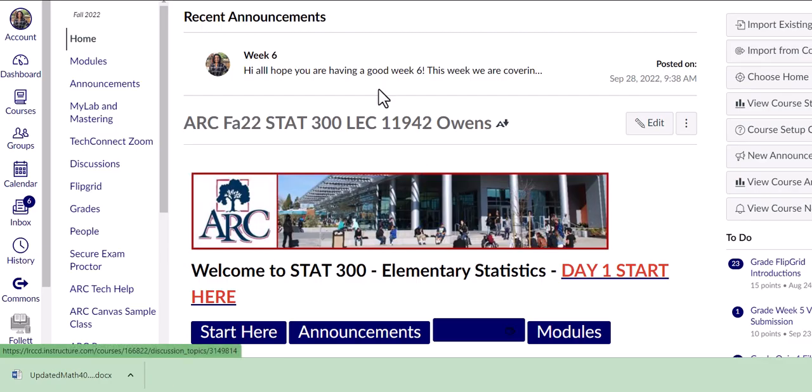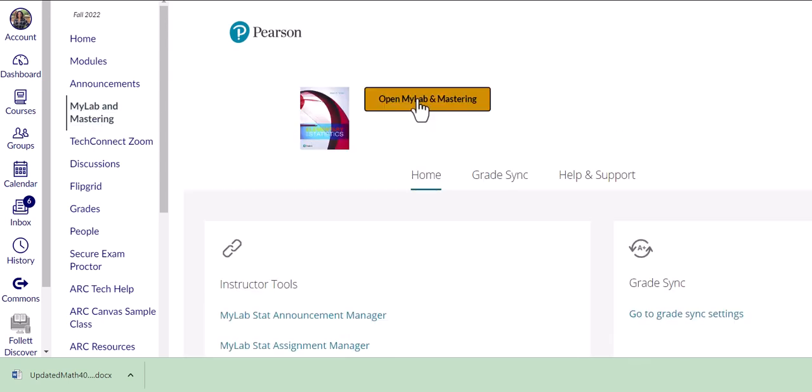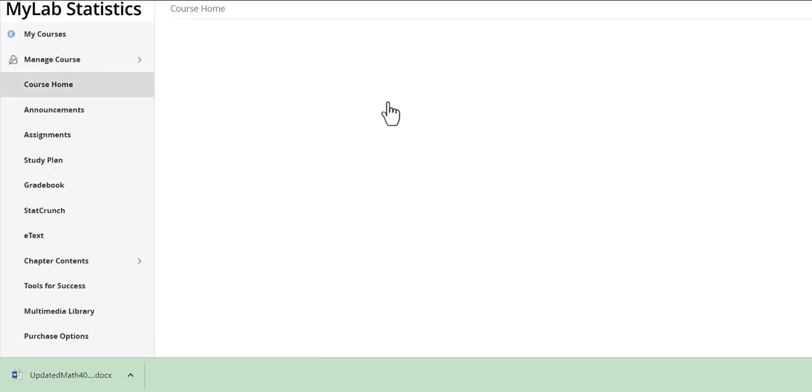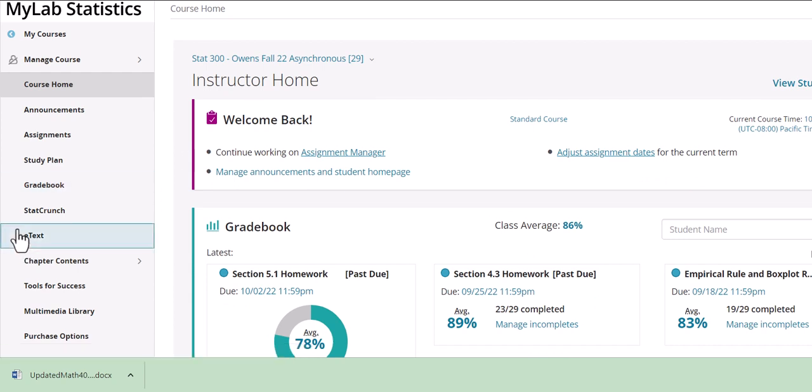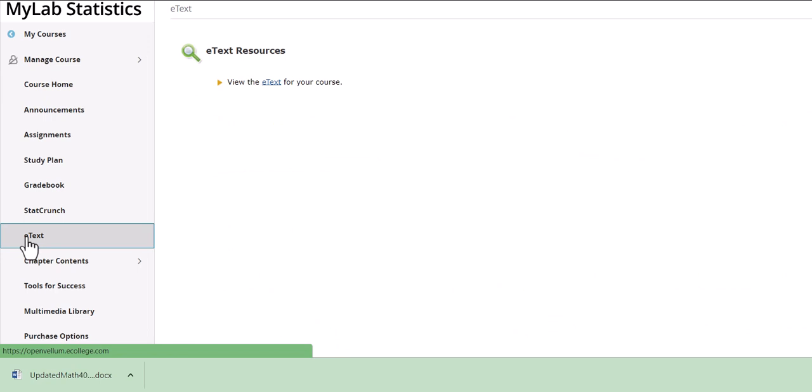When you are on our homepage, you will see MyLab and Mastering. You will go to open MyLab and Mastering. And so here it is. We're going to go to the eText and open the eText.